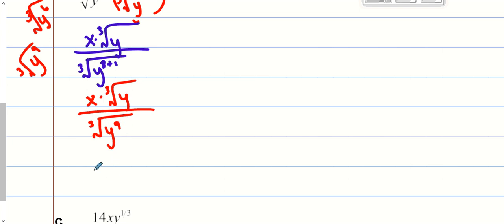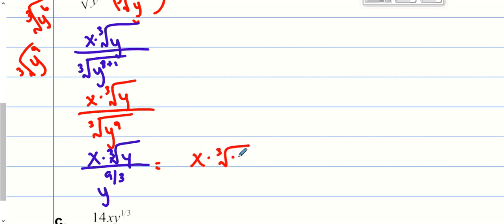I can rewrite that as, on the bottom, y to the 9 divided by 3. The top will stay the same, x times the cube root of y. And here, because I ran out of room, I have x times the cube root of y divided by 9 divided by 3 is 3, so y cubed.